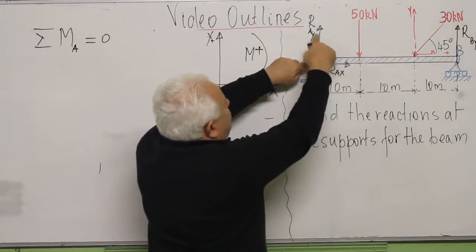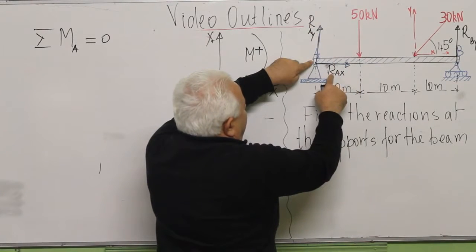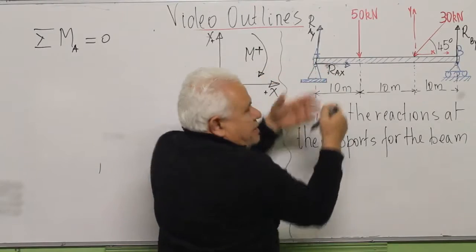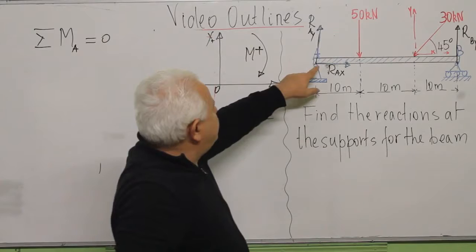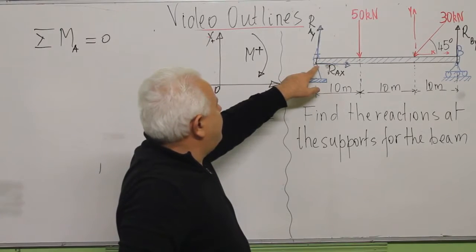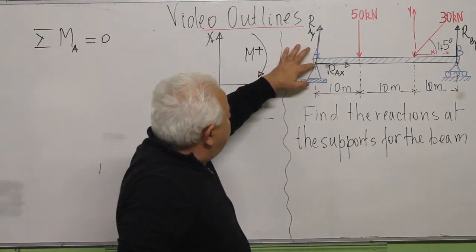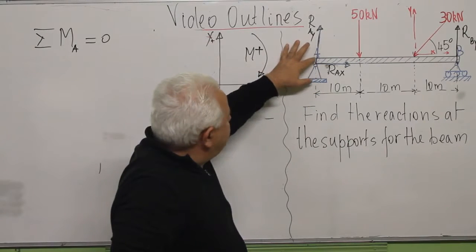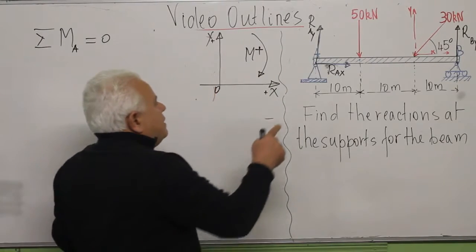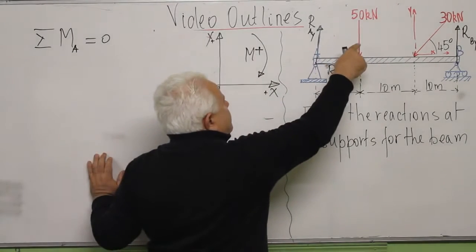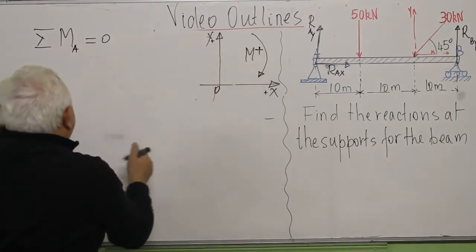So the moment of R_AY is 0, the moment of R_AX is 0, because the moment, as we have seen before, is force times distance. The distance from the point of application to A is 0, because they are applied in A. Now, I will start with this one, turning clockwise.